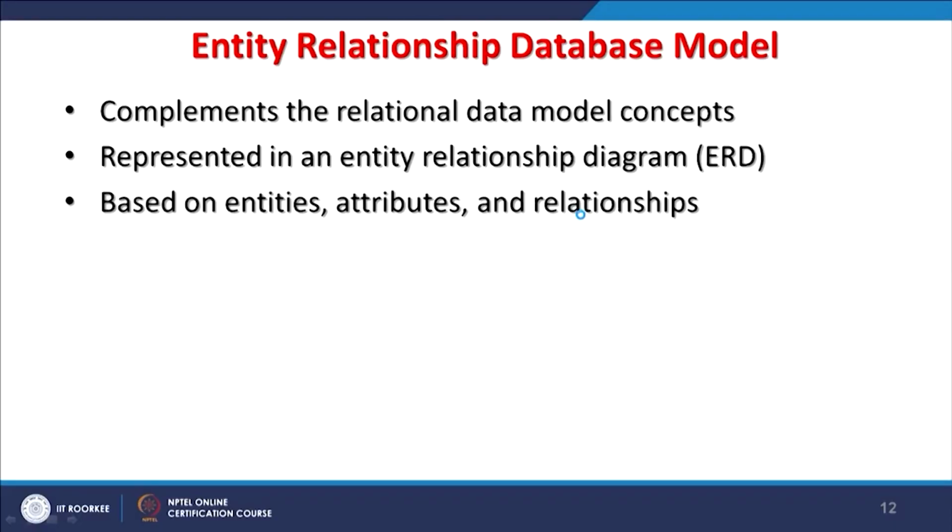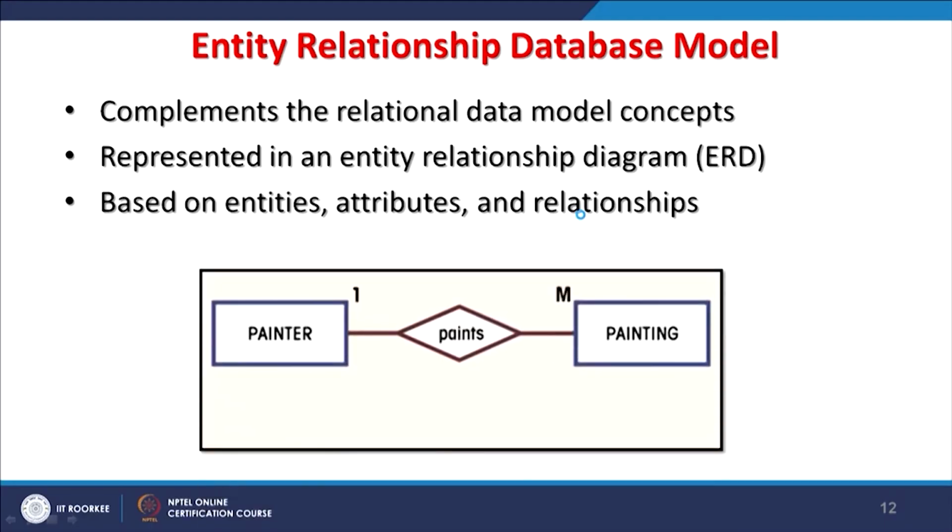So, vector entities for example, then attributes, non-spatial data or tables, and then what is the relationship between these two, spatial and non-spatial. Like here we have a painter and this is the painting, but paints is a relationship between painter and painting.